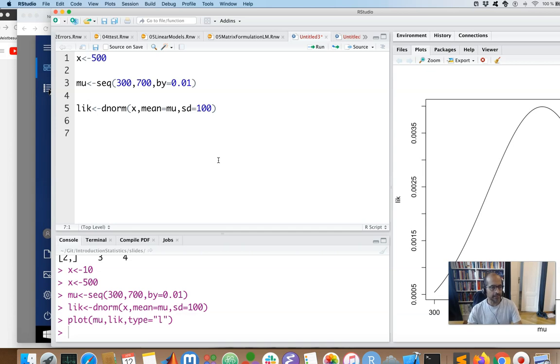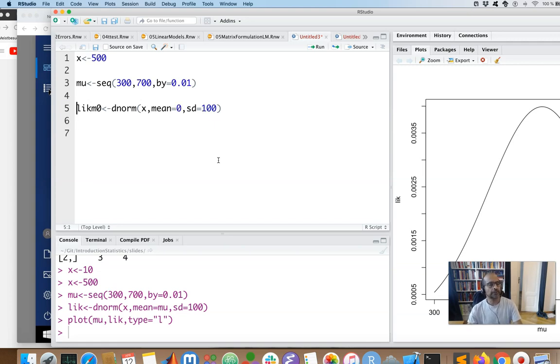Okay, so let's say I can compute the likelihood under a null model where I assume that the true mu that generated that data point 500 is the data I've generated, right? I have a hypothesis that the true mu is 0.